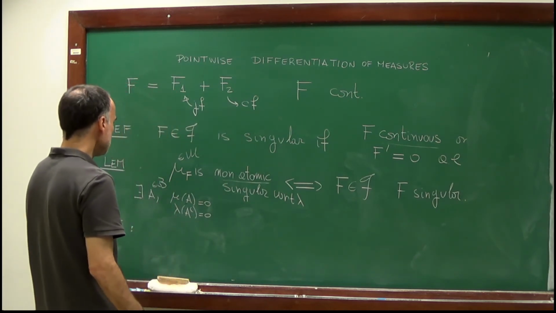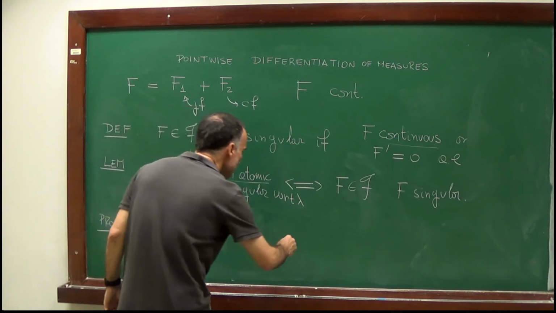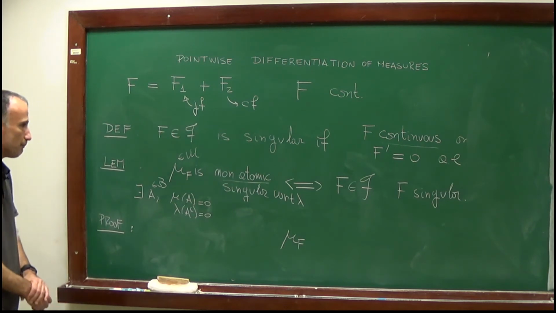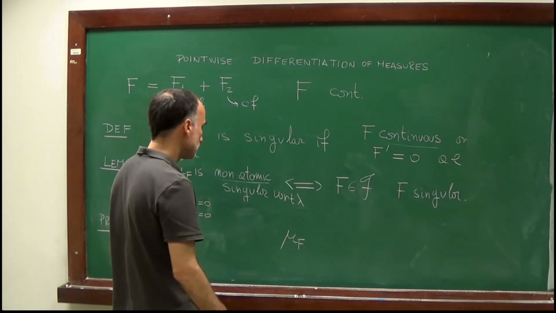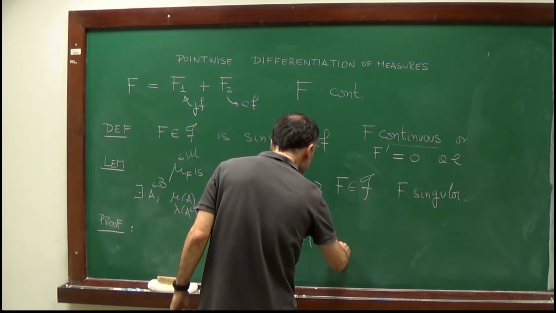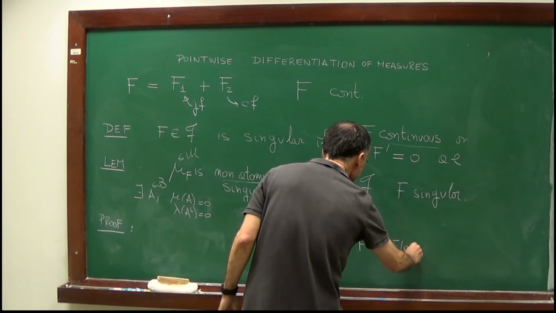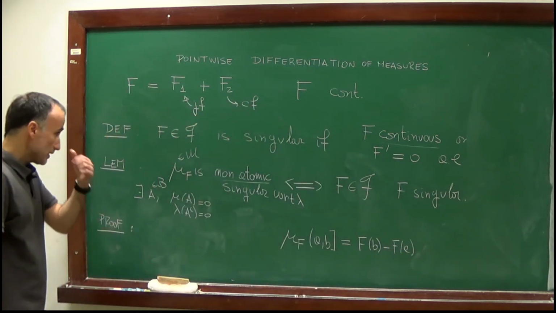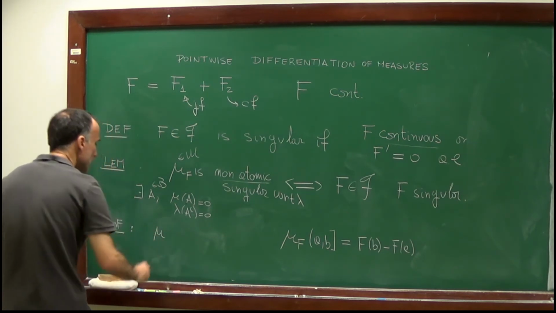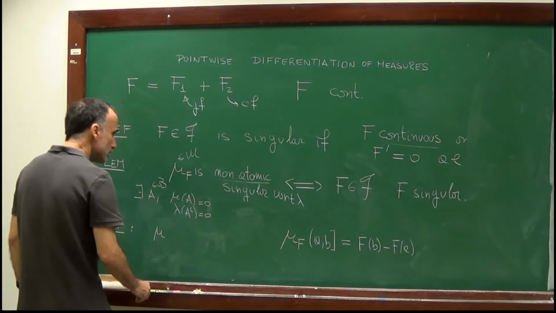So mu f of AB is equal to fb minus fa. I know that mu can be decomposed.